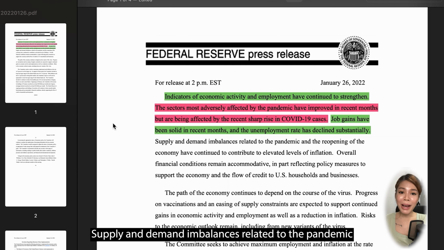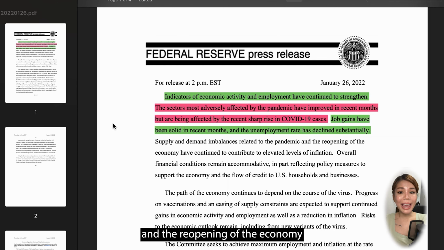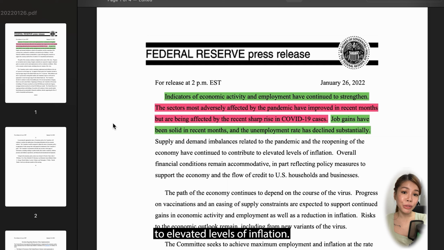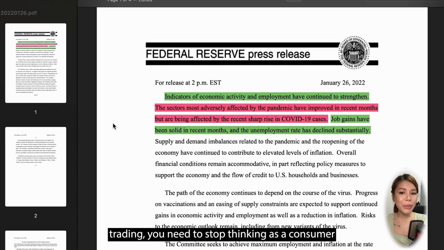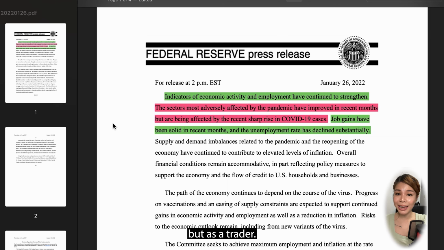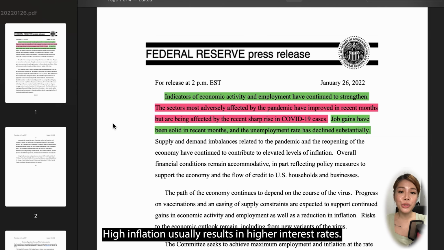Supply and demand imbalances related to the pandemic and the reopening of the economy have continued to contribute to elevated levels of inflation. As a consumer, we do not like inflation since we will be paying more for things that we need and want. But in Forex trading, you need to stop thinking as a consumer but as a trader. High inflation usually results in higher interest rates.